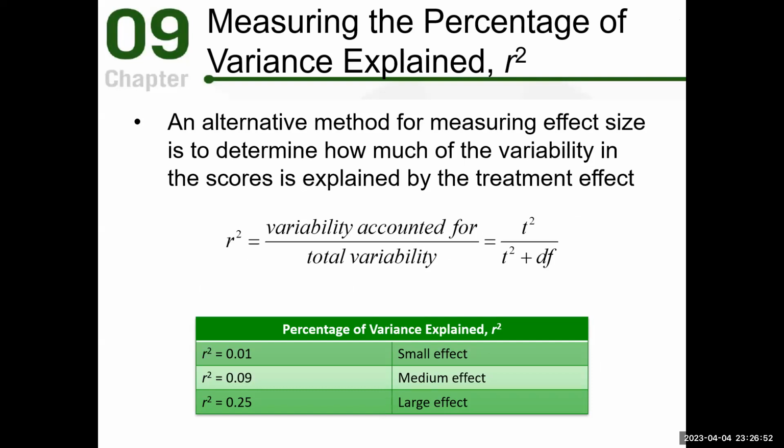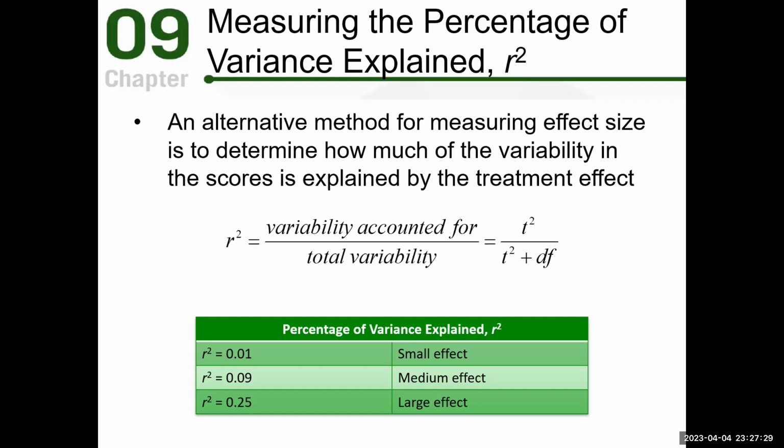When we do a treatment, the treatment causes variance in the scores. When I give a student a treatment, the differences in those scores are really based on the treatment. That's what we hope, right? The r squared gives me how much variance is explained by the treatment effect. We're going to get a percentage, and that percentage tells me how much of that variance is explained by the treatment effect.